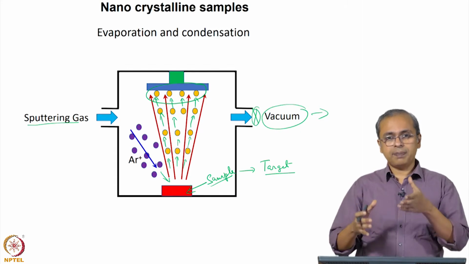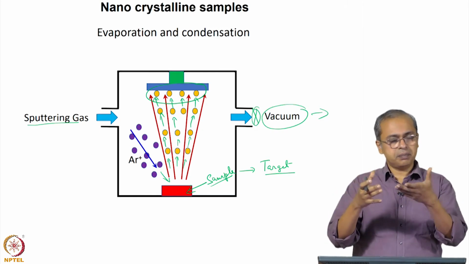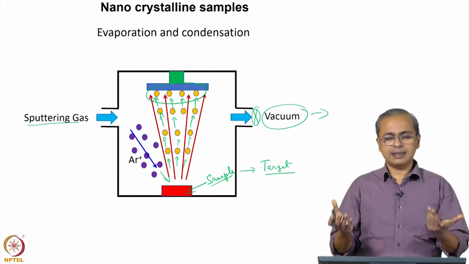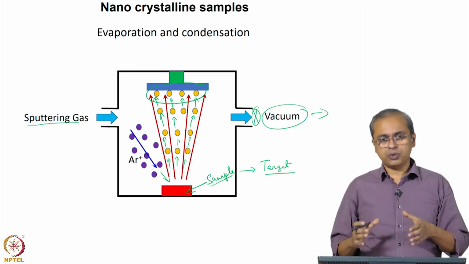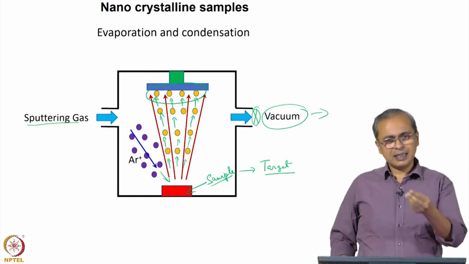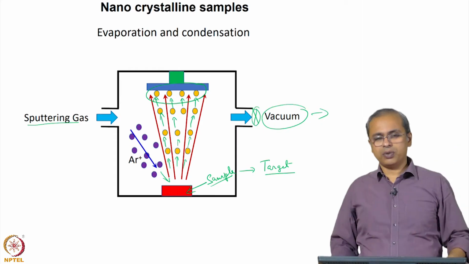They will sell high quality targets separately, maybe a platinum target, palladium target, copper target, etc. That is the kind of target that you will use. You actually do not evaporate the entire target, you are basically removing only a few microns of the target and then you make it settle on your sample.